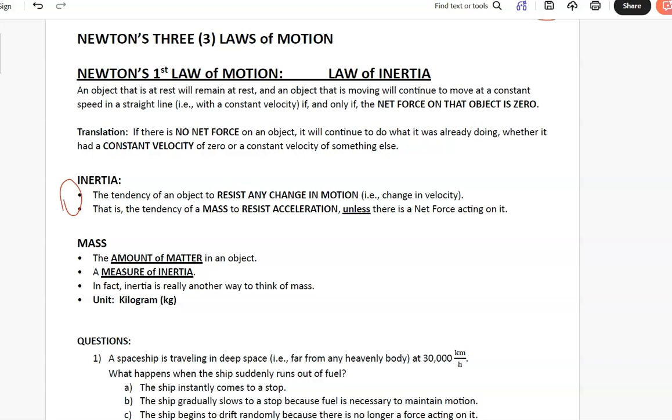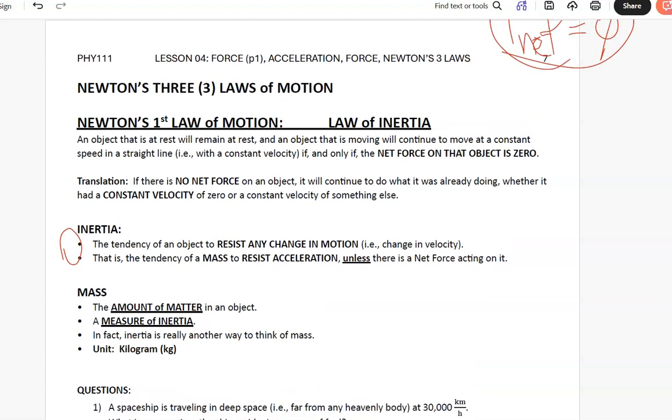So we go to the rule itself. The rule says an object that is at rest will remain at rest, and an object that is moving will continue to move at a constant speed and in a constant straight line. That's just another way of saying at a constant velocity, if and only if the net force on that object is zero.